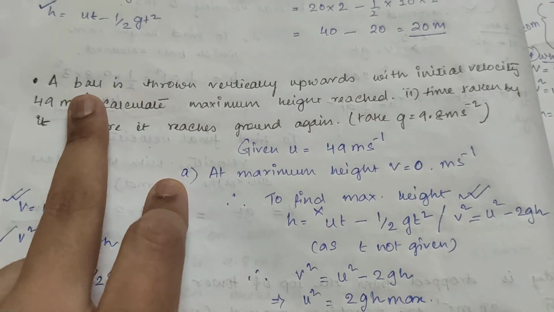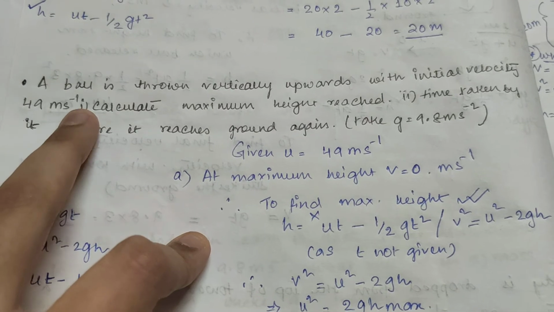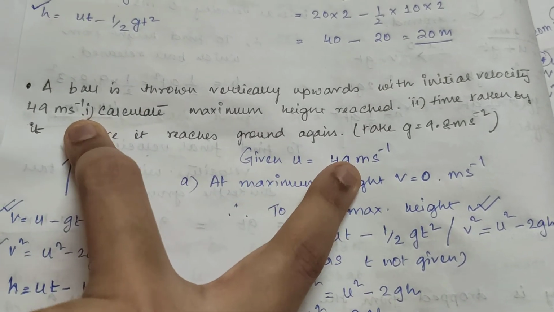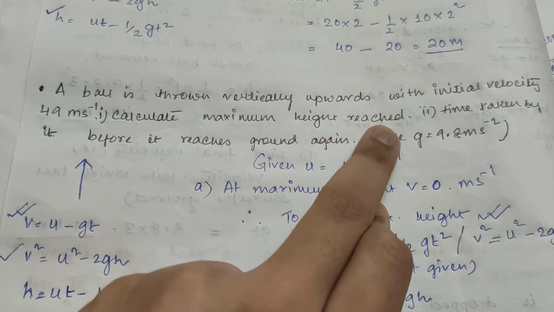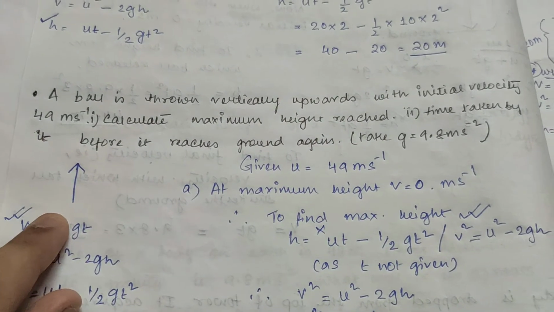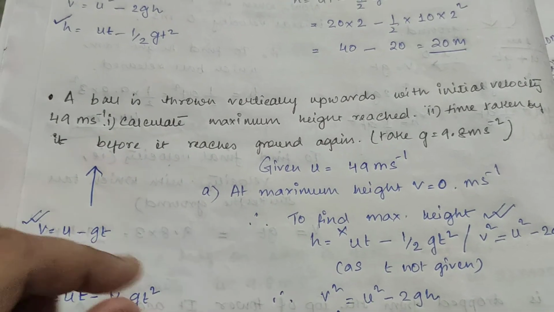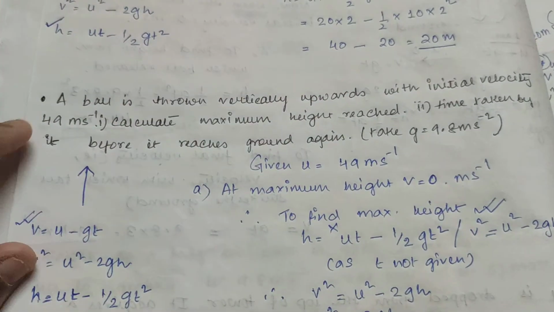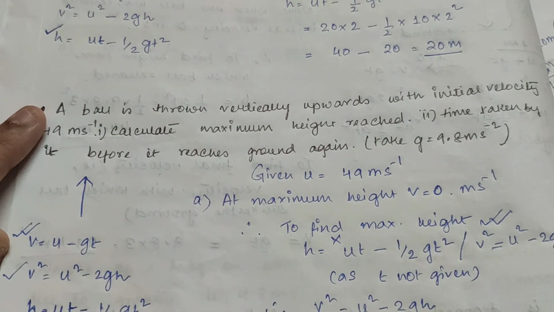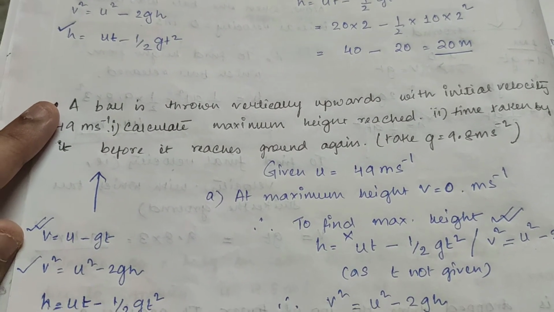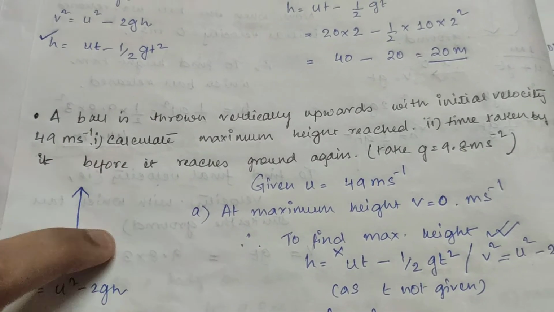A ball is thrown vertically upwards with an initial velocity of 49 meters per second. That means U is 49 meters per second. You have to find the maximum height that the ball will reach. That means the height the ball will reach before it falls down again due to gravity. If I throw a ball vertically upwards, or if I throw anything and I release my hand, obviously after some time it will again fall down due to gravity.